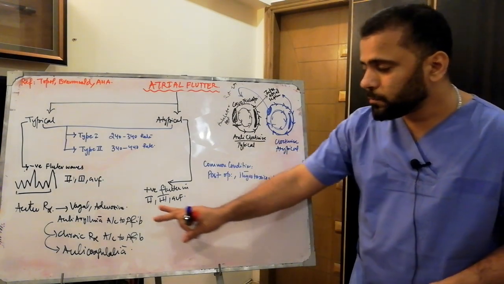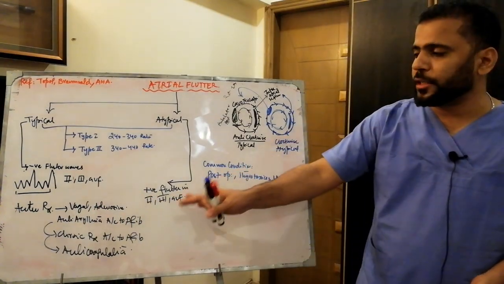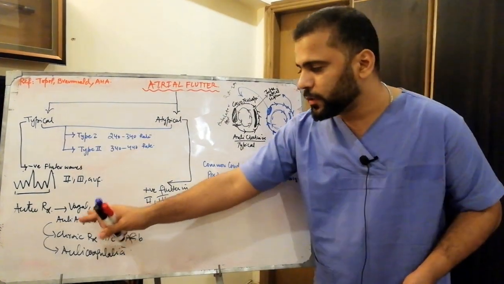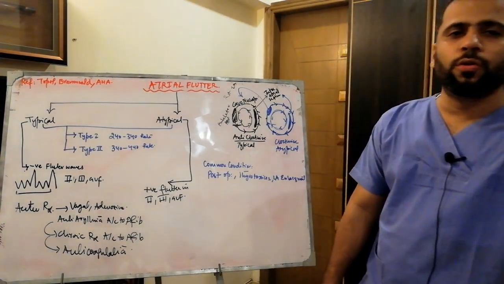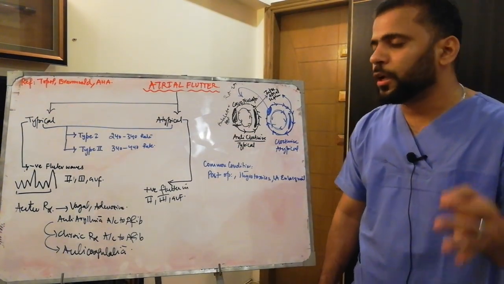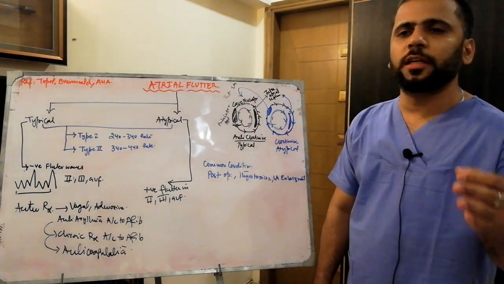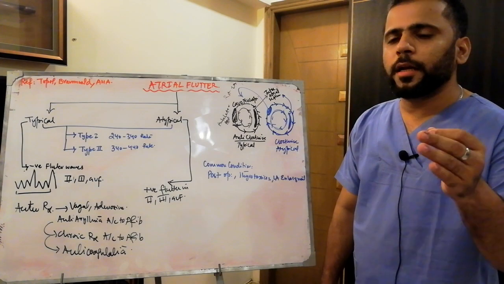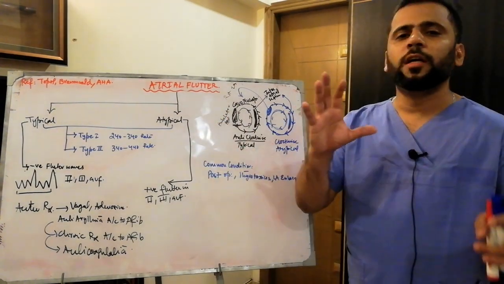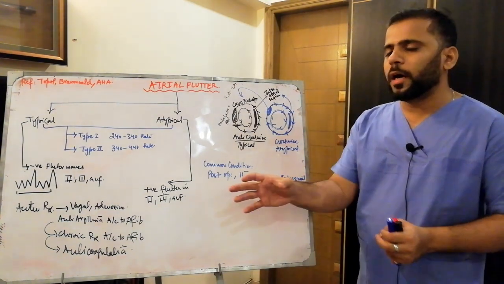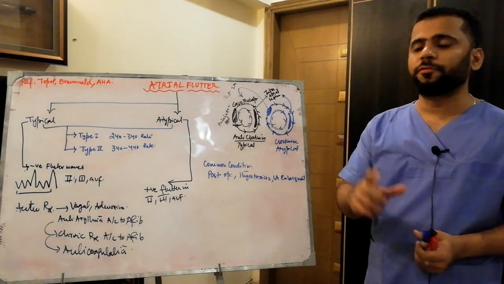If you want to give antiarrhythmics for the acute treatment, the choice of antiarrhythmic remains the same as in atrial fibrillation. You have to think about the rhythm strategy as you would in atrial fibrillation, because the treatment of atrial flutter is almost the same as in atrial fibrillation.